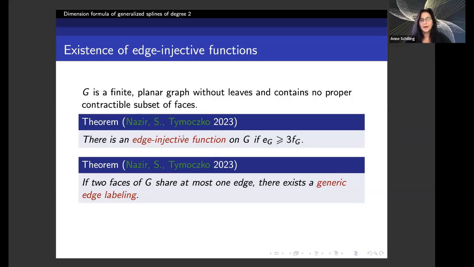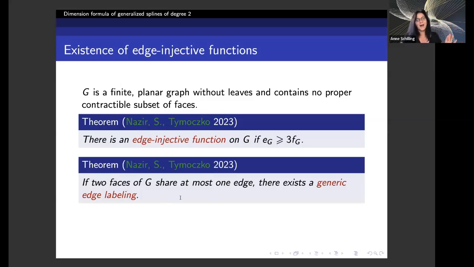And then the claim is that there exists an edge injective function if E is greater or equal to 3F, just under these conditions. And then we are claiming that there exists a generic edge label, meaning that the determinant is a non-zero polynomial in these a_i, if in addition to these conditions, any two faces of G share at most one edge.